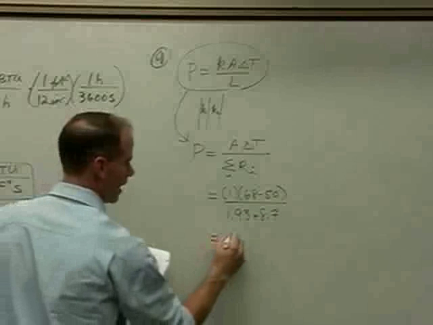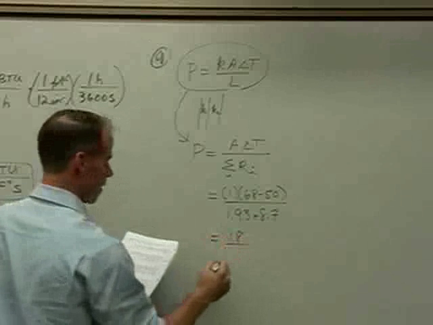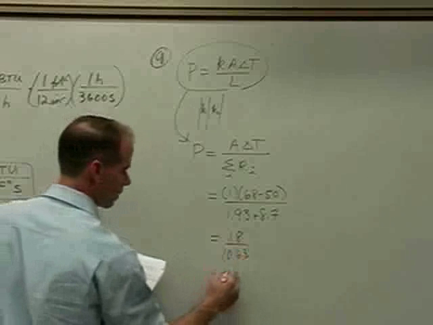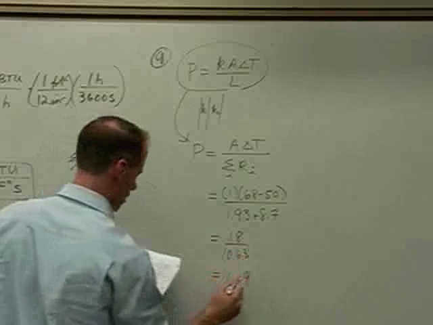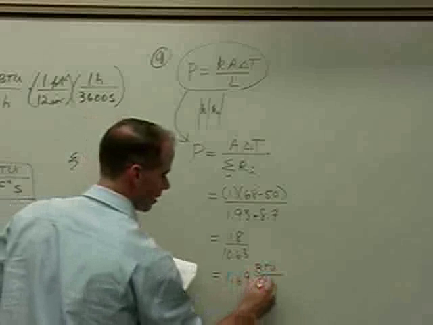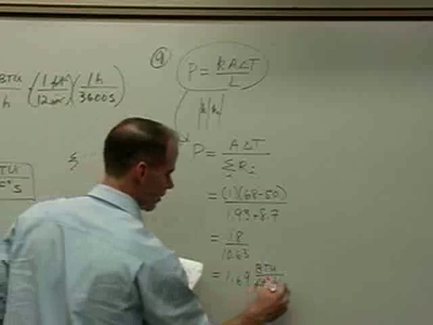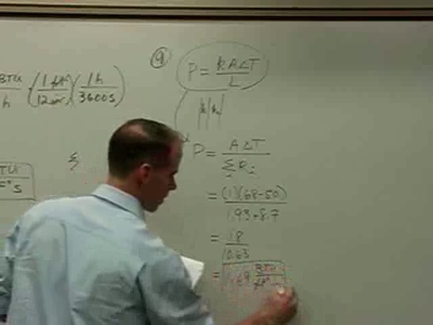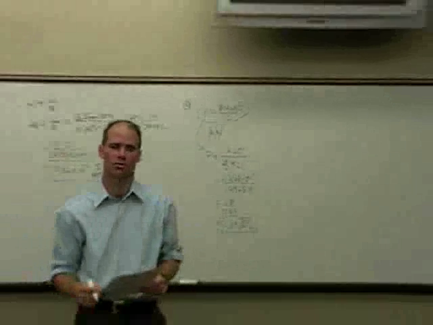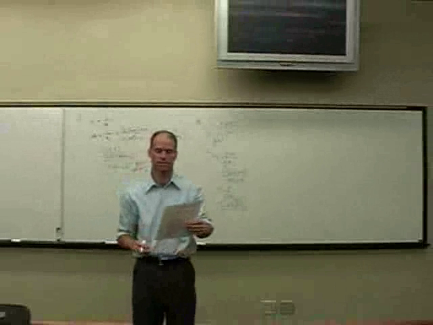And so that will be 18 divided by 10.63. Gives us 1.69 BTUs per foot squared per hour. So that is the rate of heat transfer or the power through this section.